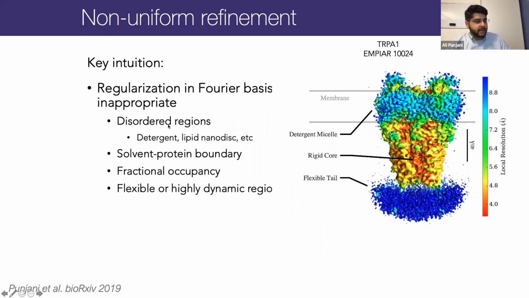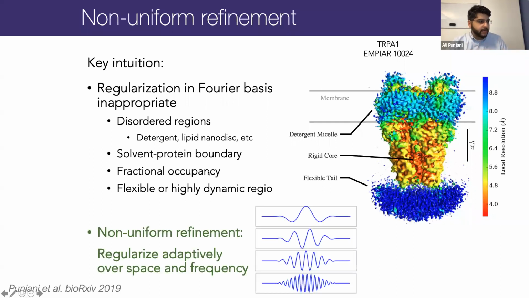All of these regions are examples of different parts of the structure that have different properties. But when we do regularization in Fourier space, we're explicitly assuming that the structure is the same, in terms of the properties that we are regularizing, across its spatial extent. And that's exactly the problem. So in non-uniform refinement, what we did is to simply change the regularization operator in a refinement.